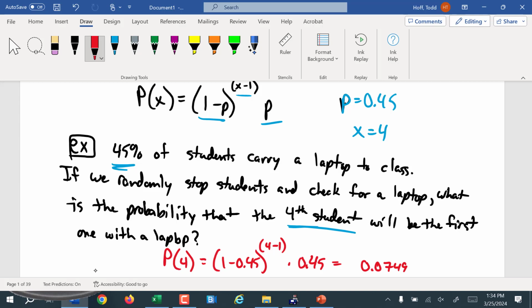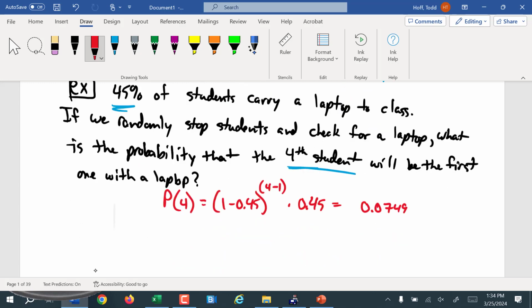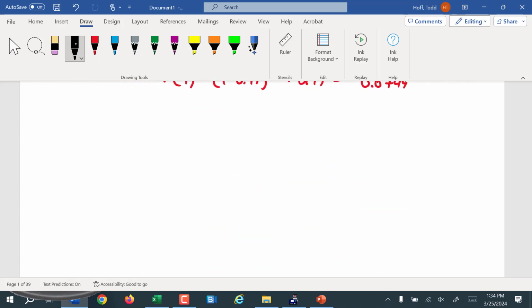Let's talk a little bit about the hypergeometric distribution. Again, hypergeometric distribution is not in this course. You're not going to be tested on it. So the formula here is it's combinations.